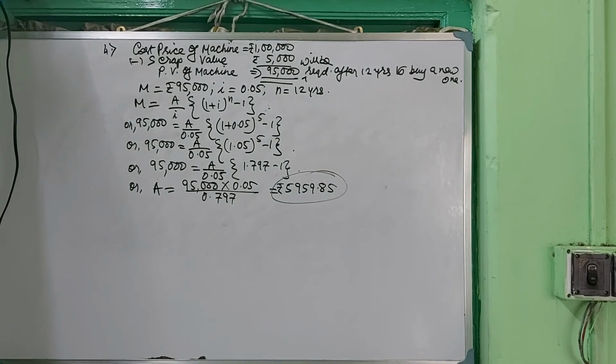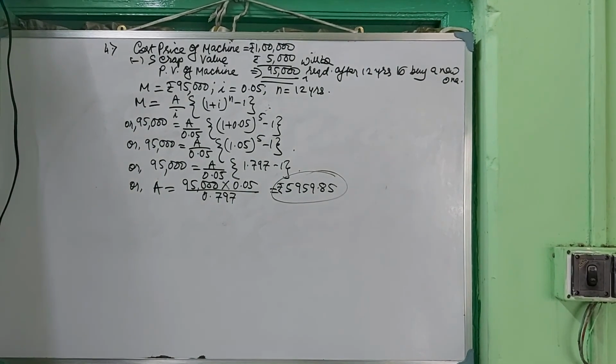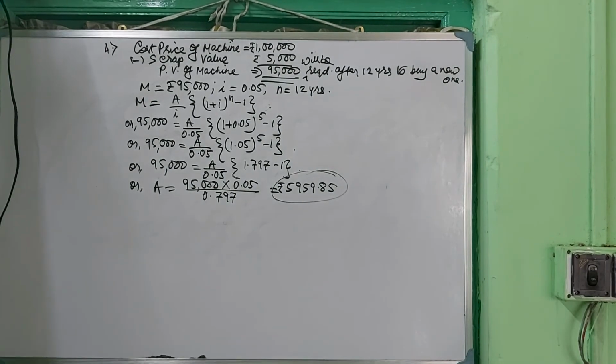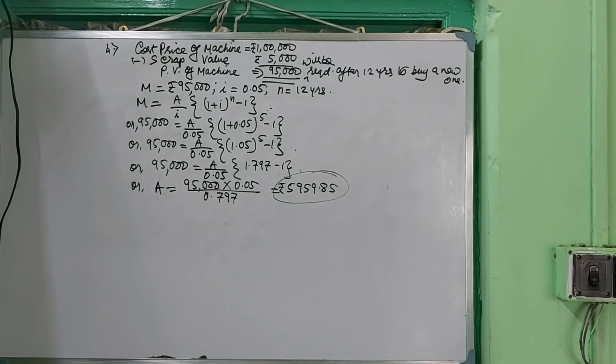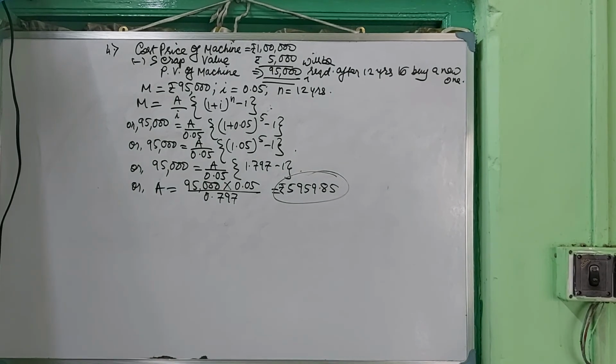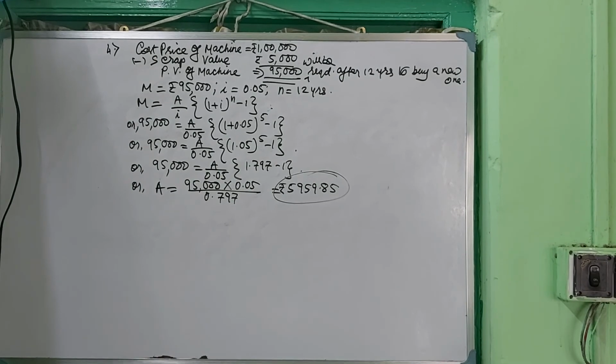Today I will discuss in brief the endowment, and I will do only one sum over here, endowment part. Basically, endowment means what? A fund created by investing an amount of money. It may be for a single payment, or maybe for a fixed number of payments, or maybe for an endless series of payments at a regular interval.